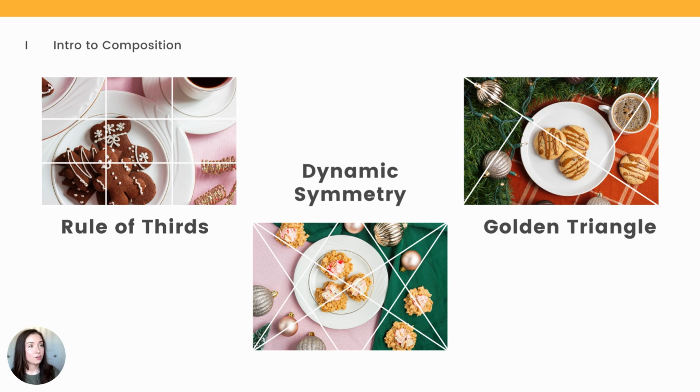But there are things that are on the lines and there are some things that are not on the lines, and that's perfectly fine. I think that when it comes to crafting an image, once you get used to these composition techniques, you'll be able to formulate an image and compose an image without the use of a grid. You will just have an idea of what you're going for and you'll be able to lay it out.